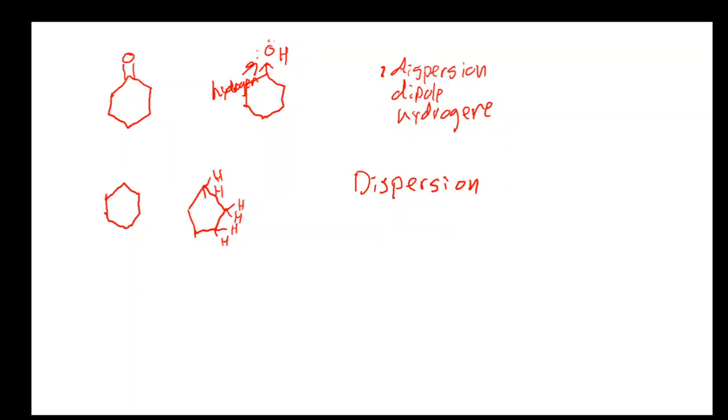Then the last one is cyclohexanol and water. So cyclohexanol looks like that. And then we have water. So we have the oxygen bonded to the hydrogen in both of these cases. So we're definitely going to have hydrogen bonding.